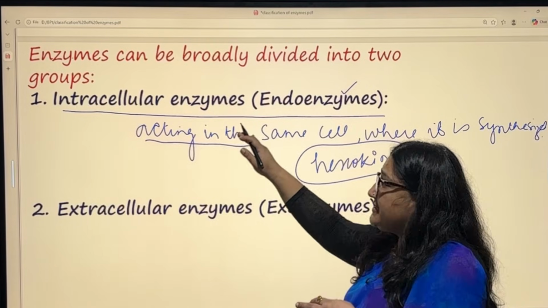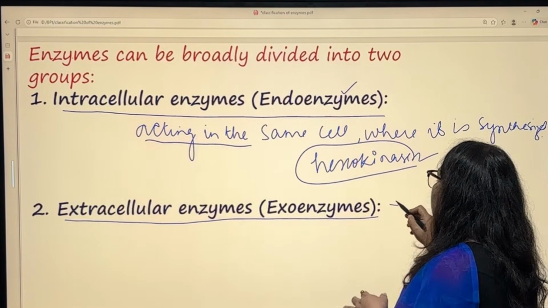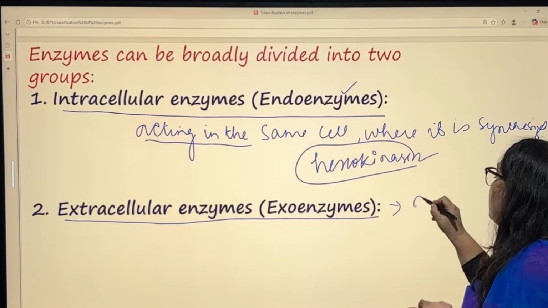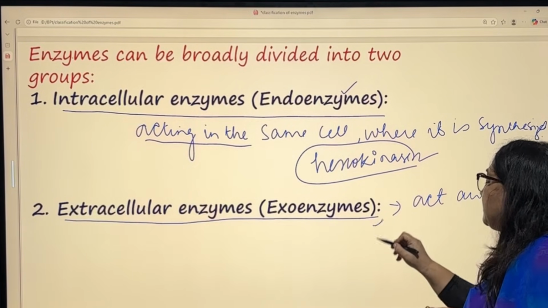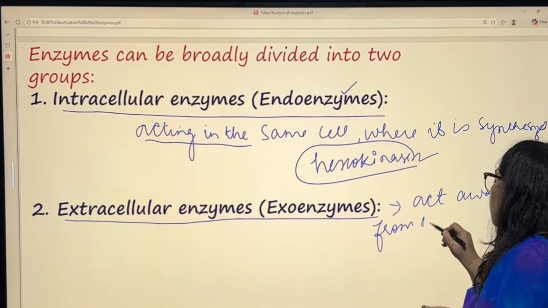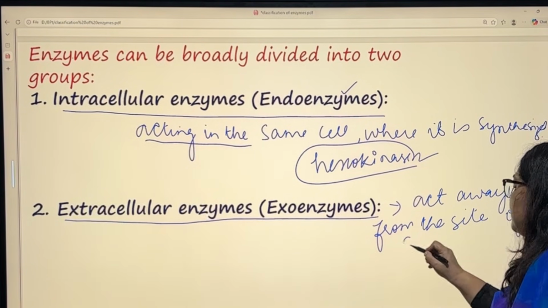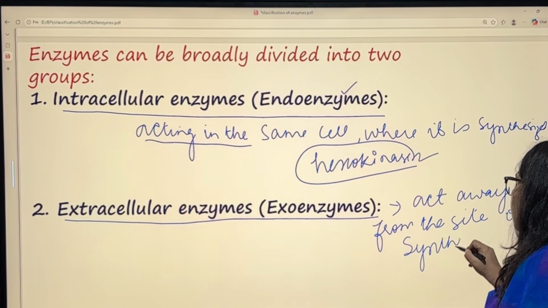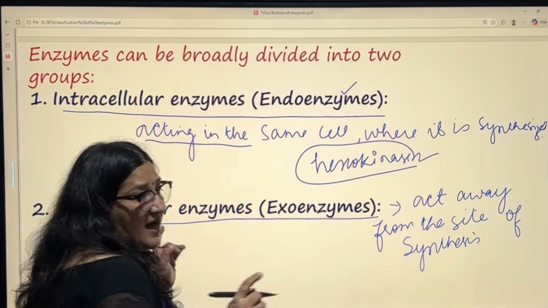And apart from these intracellular enzymes, the extracellular enzymes or exoenzymes are the enzymes which act away from the site of synthesis. So they are acting away from the site where they are synthesized.